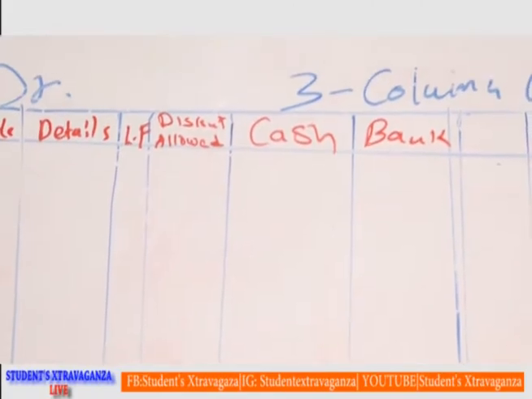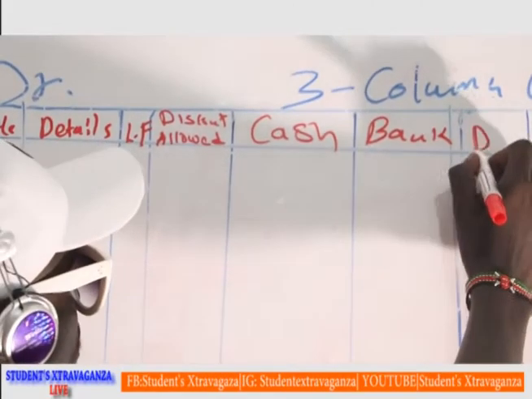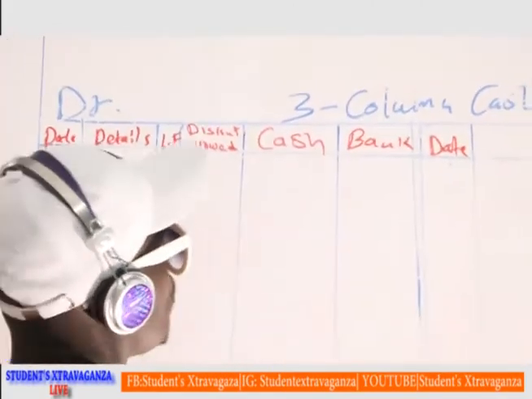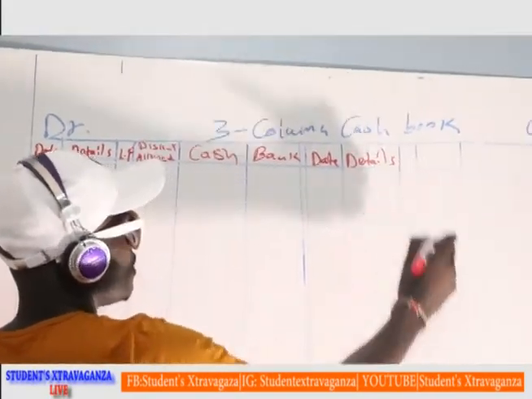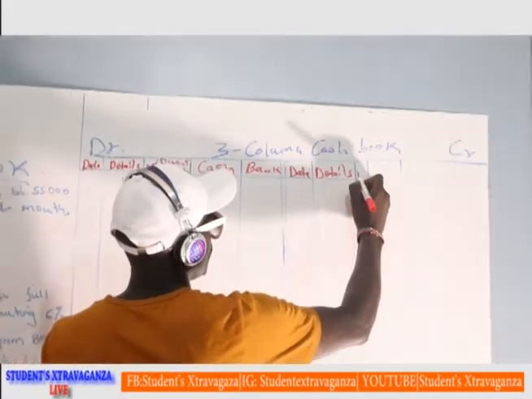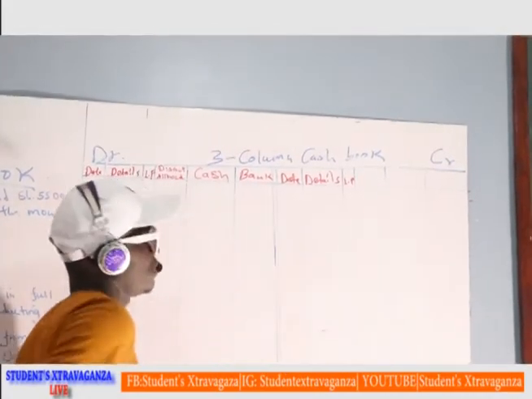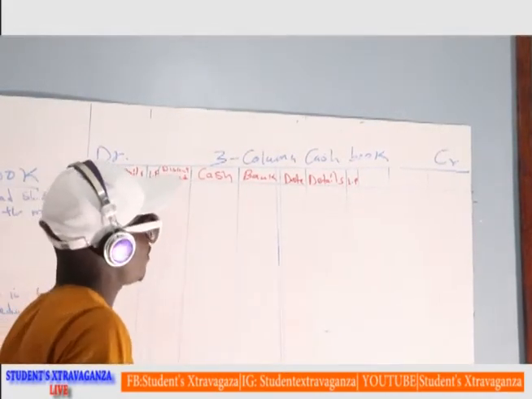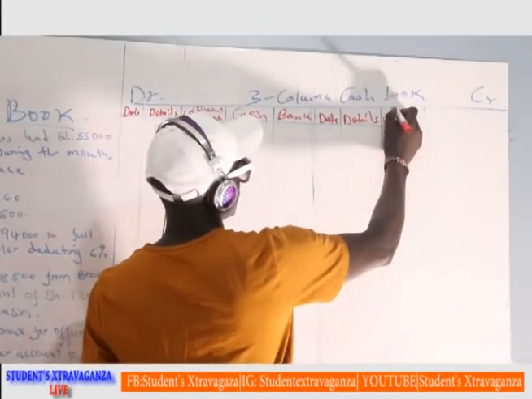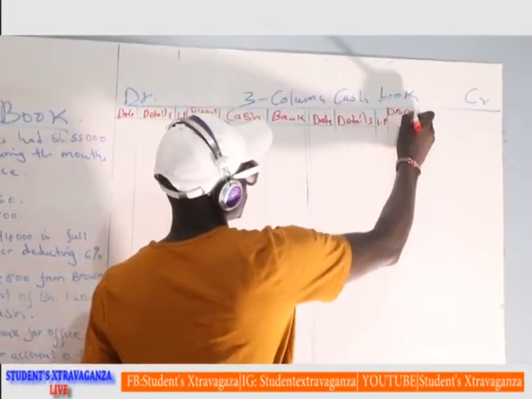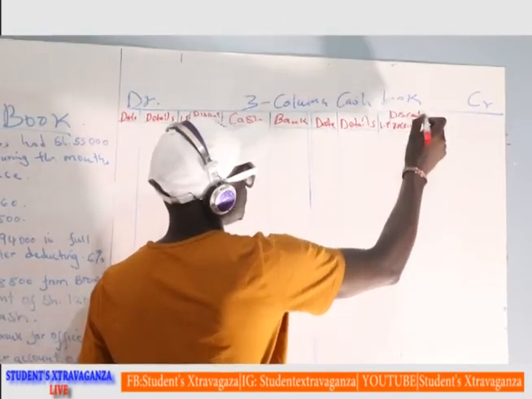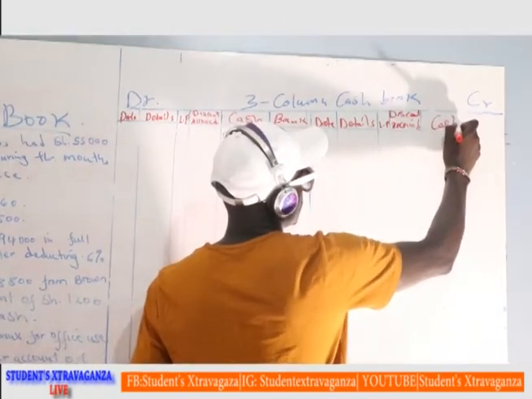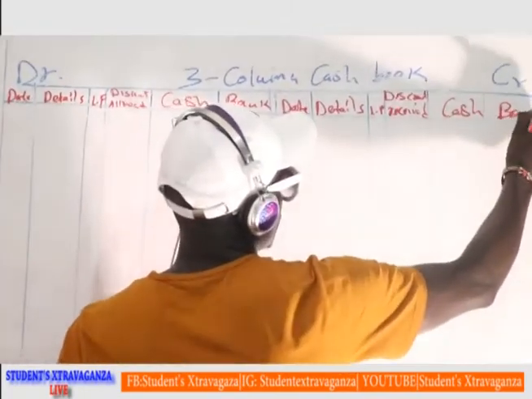Same to the CR side, we have the date column, details or particulars if you like, then ledger folio, abbreviated as LF. Then we have discount received, then cash account, then bank account.